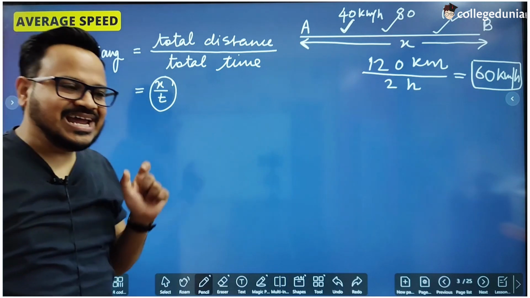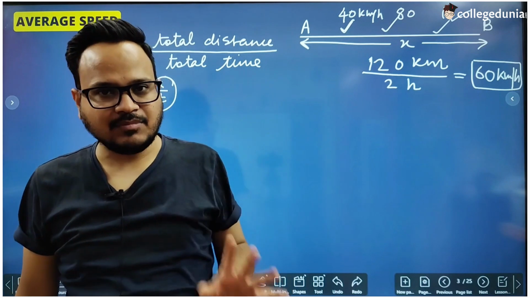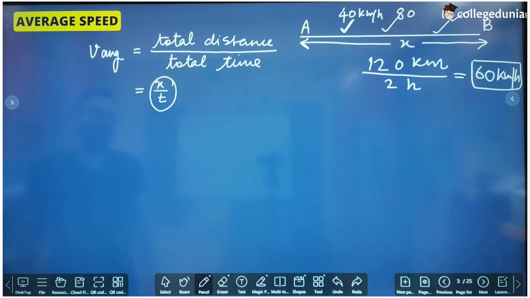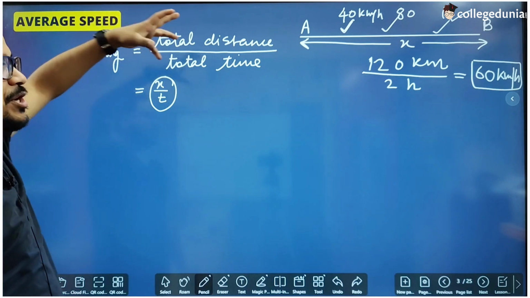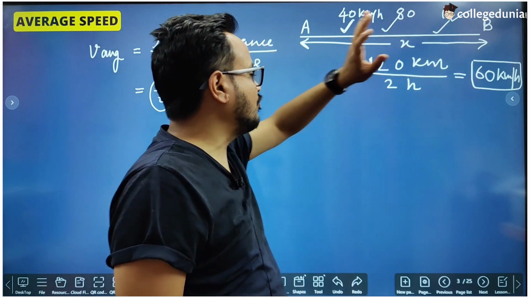On an average, it is moving 60 km in 1 hour. That is the meaning of average speed, right? Okay. So the SI unit of average speed is meter per second, because the SI unit of distance is meter and the SI unit of time is second.